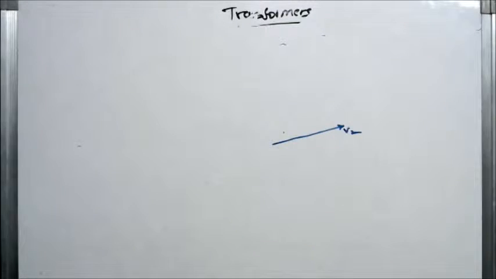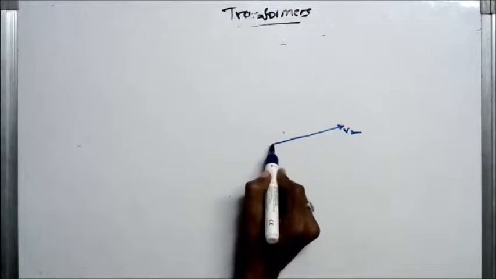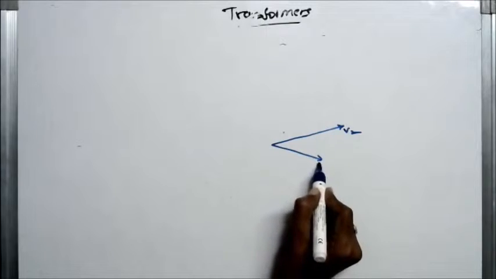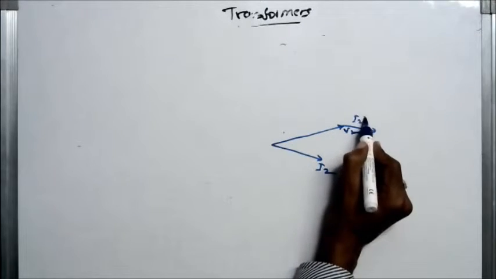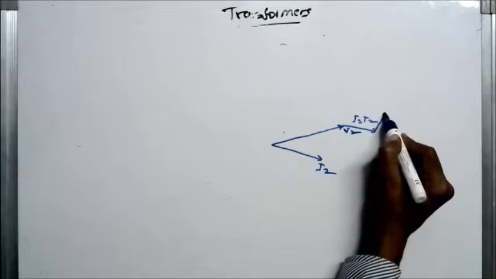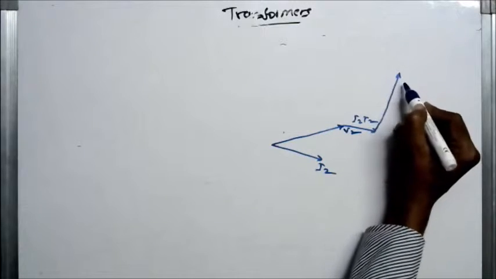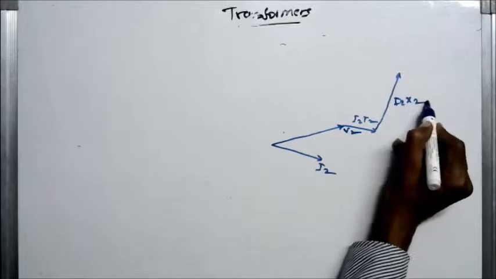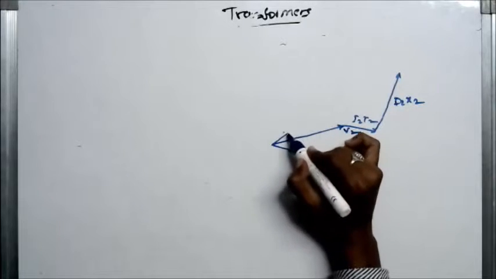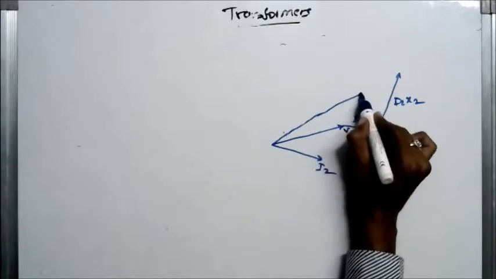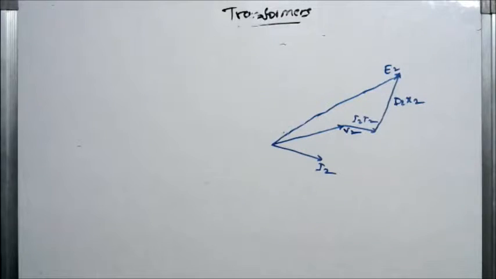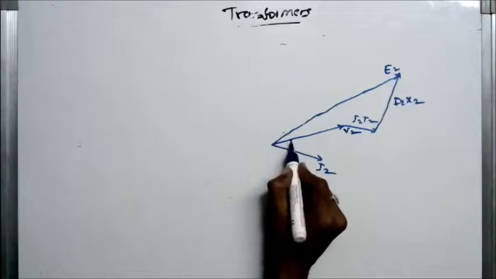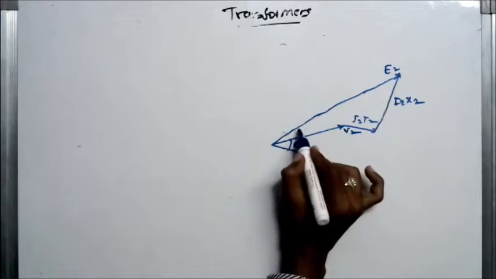So lagging condition, I2 is lagging in this way. This is I2 R2 drop. This is I2 X2 drop. This is E2. Okay. This is phi 2 or power factor angle. This is delta.